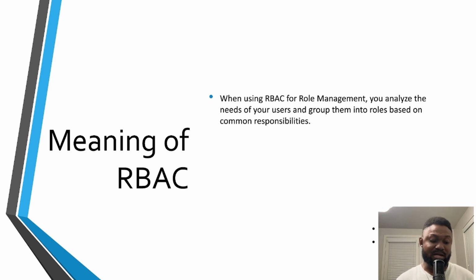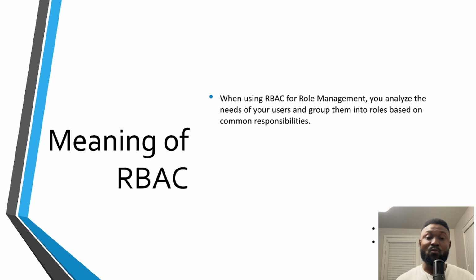One good thing about RBAC is that whenever you are implementing an RBAC policy on AWS, let's say you are managing thousands of users in an organization. Let's say your company has 10,000 employees, and you have the network administrators.